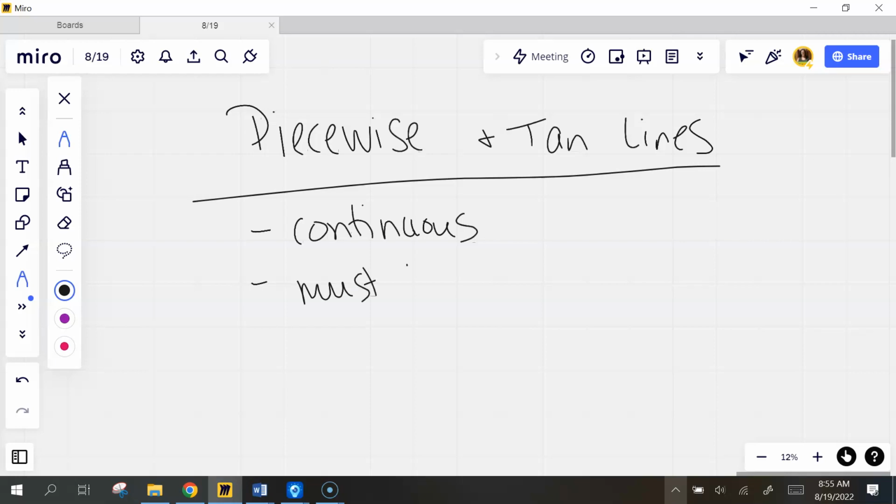It must have a slope, and we'll talk more about what that means. This is actually an or, not an and. Or, I'm not doing the third or just yet. Sorry.